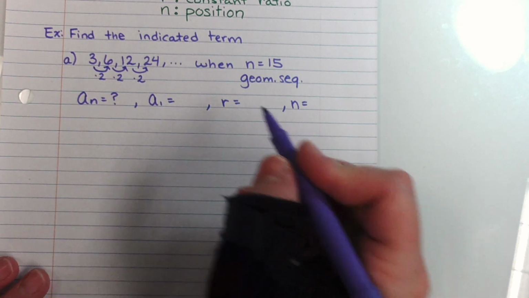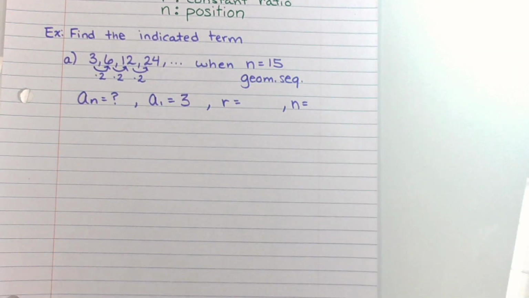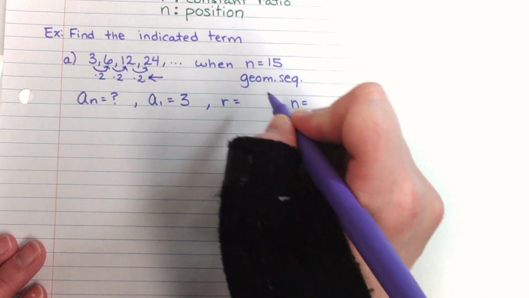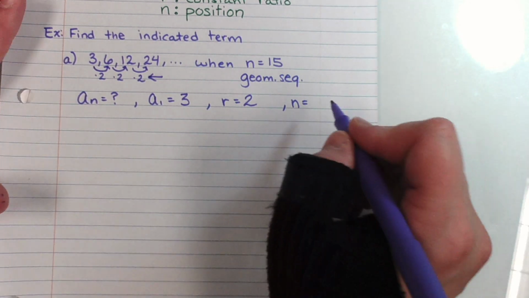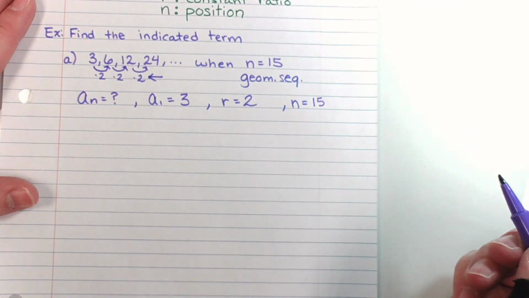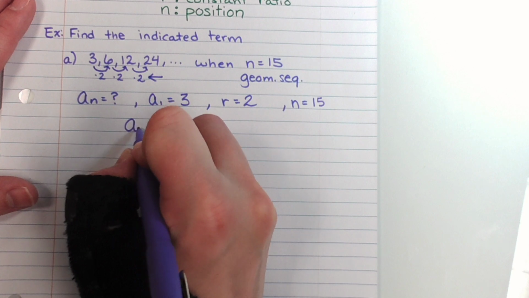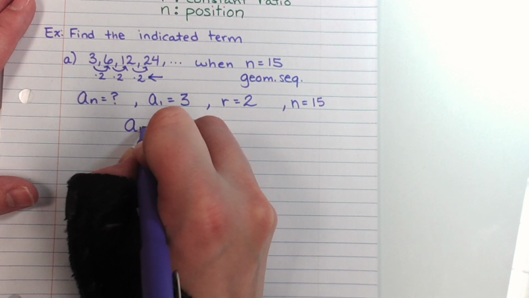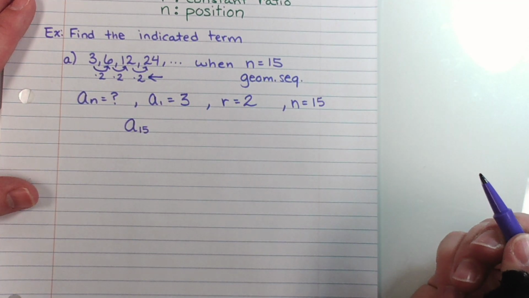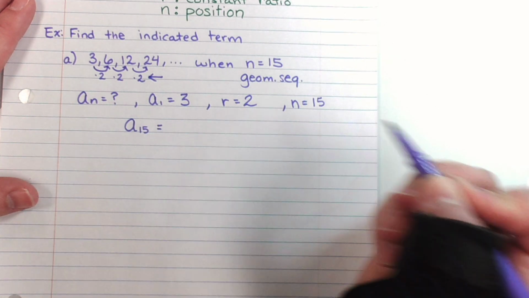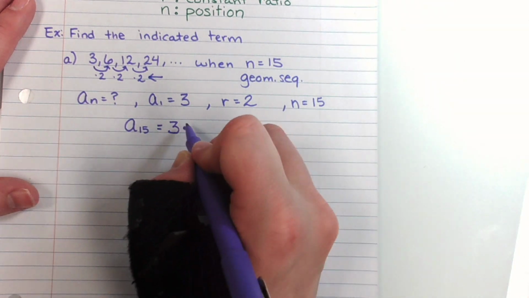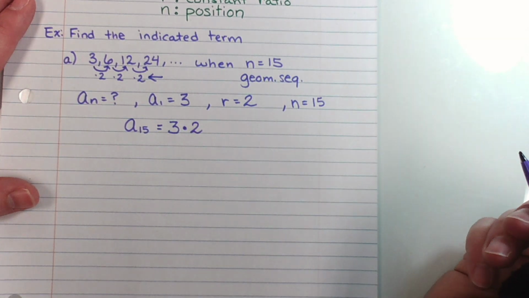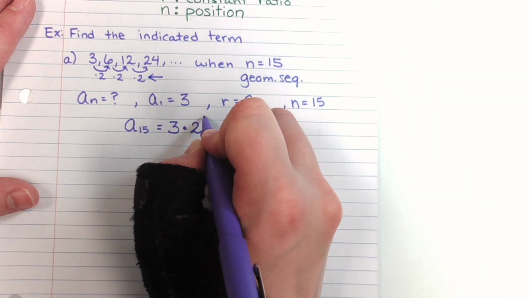First term? 3. What is r? 2. R is the thing we're multiplying by every single time. N, they gave it to us flat out. 15. So, a sub n or a sub 15 technically is equal to a sub 1, 3, times r, 2, to the power of n minus 1.